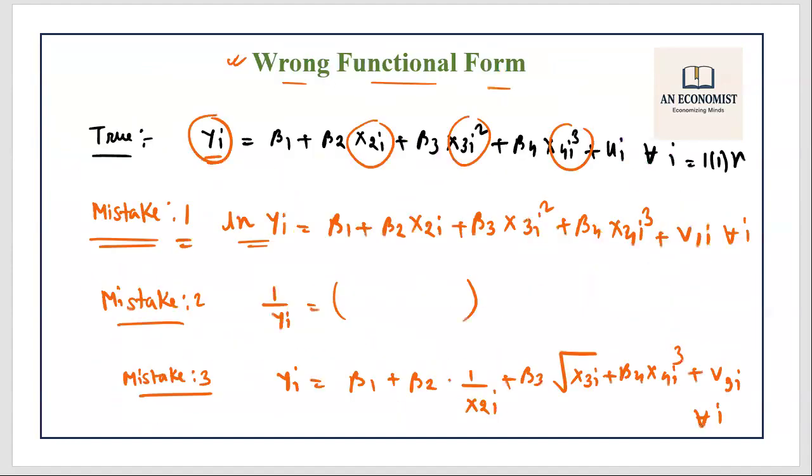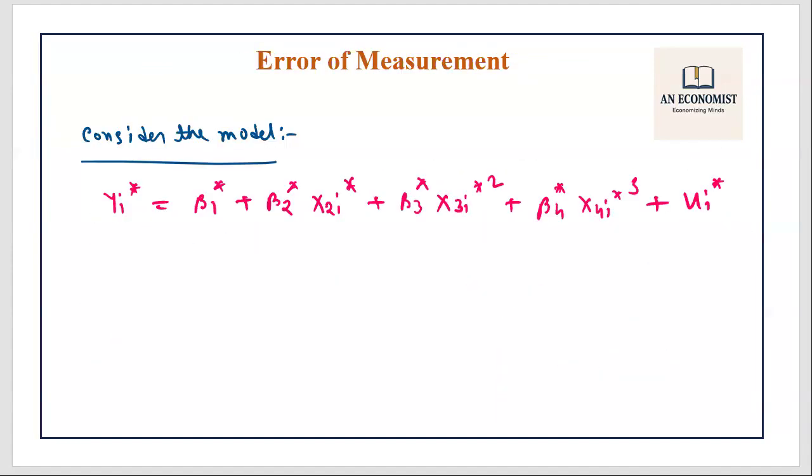We are not talking about the true model. Here, under error of measurement, what we have done, see, we have modified the model like this, where yi star is basically yi plus ei, and the xi stars will be simply xi plus wi.